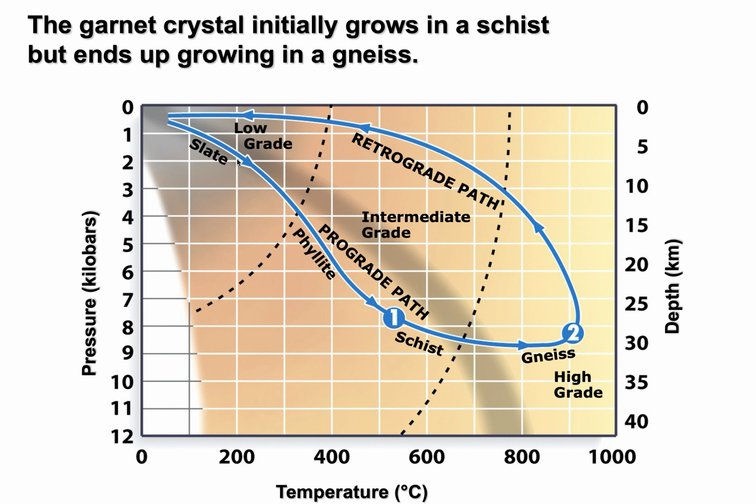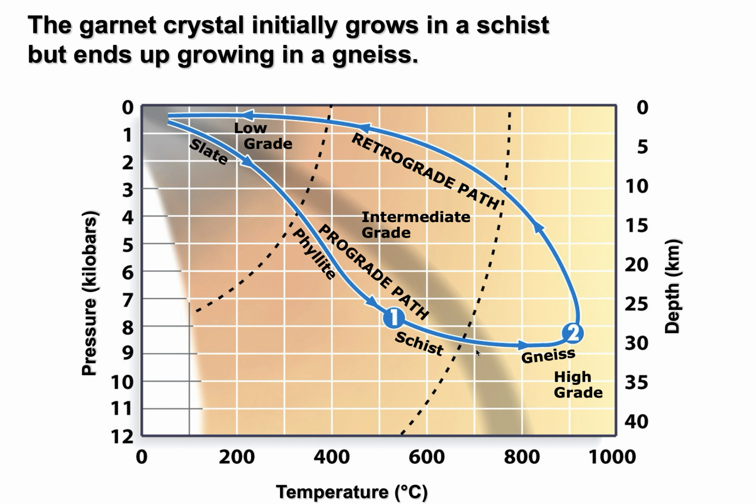Then metamorphic conditions increase on the prograde path, and on the prograde path we will then form a phyllite. Then we have here the composition of the garnet at place number 1 at about 520 degrees Celsius and 7.5 kilobar.